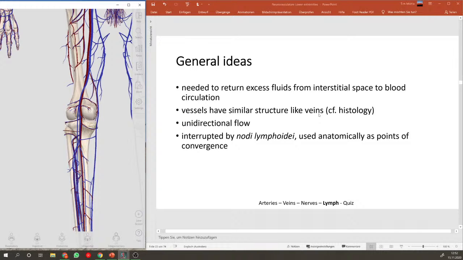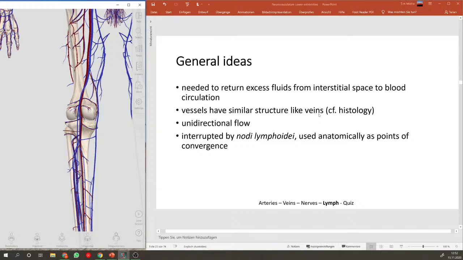For lymph vessels, it is a unidirectional flow because it will flow from the periphery and drain into the venous system, back into the circulation. Now, histologically, they are of similar structure to veins. There are some subtle differences, but you will study those in histology.